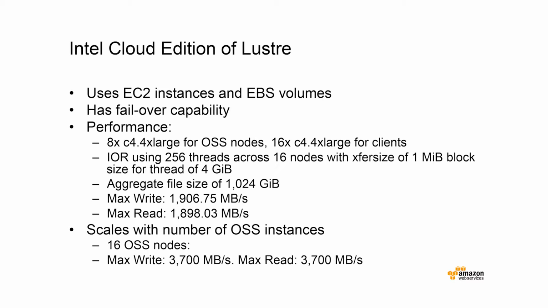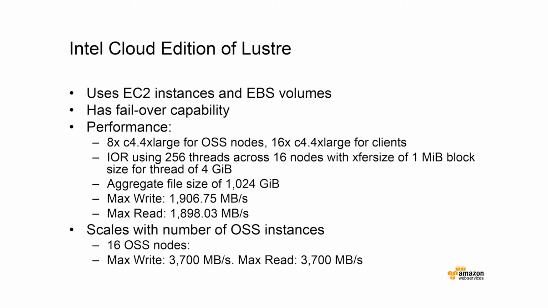I just want to give a quick example about Lustre, since this is the HPC show, supercomputing conference. Some people may think the cloud is not that performant, but I want to show you that it actually is. So Intel just used standard instances and EBS volumes and created Lustre. It's all orchestrated behind the scenes for you. It has failover capability, but the performance is really pretty good.